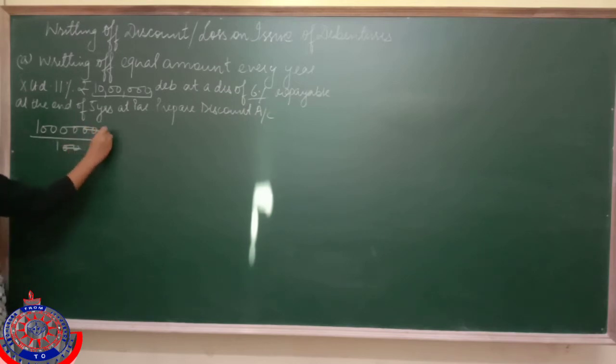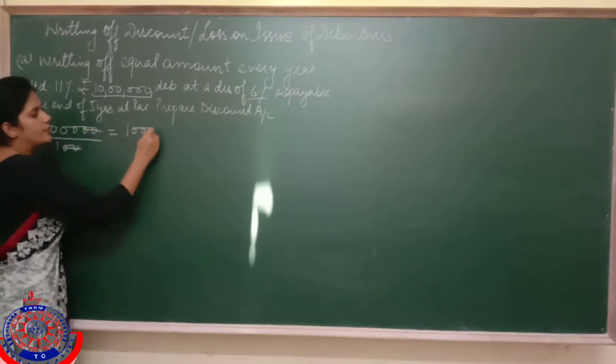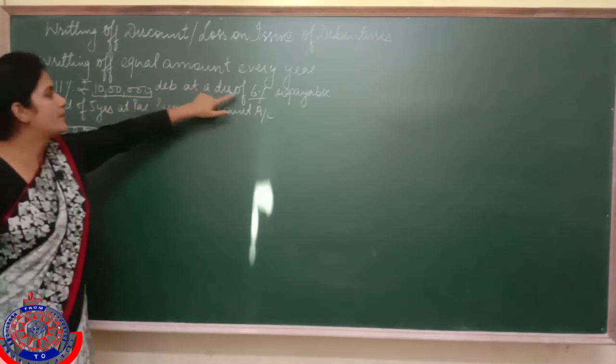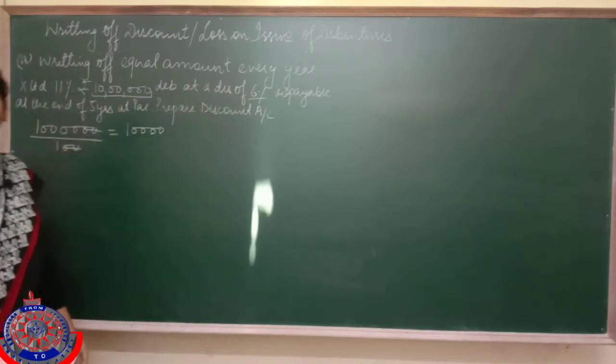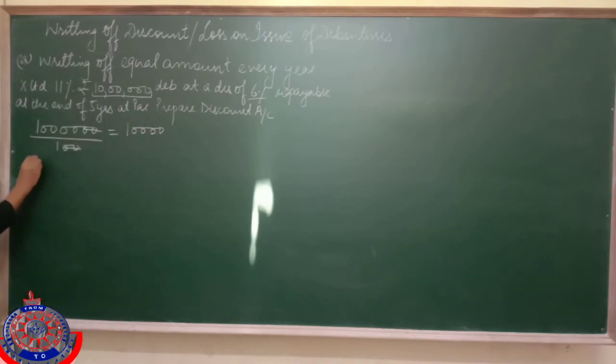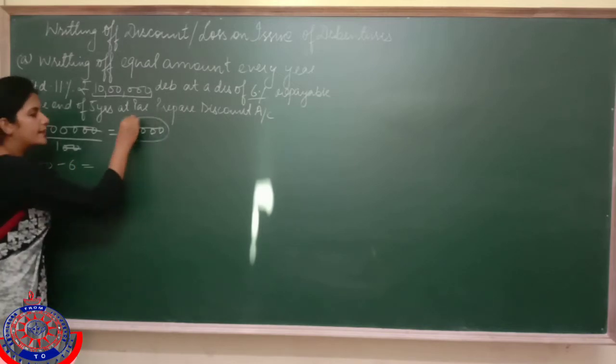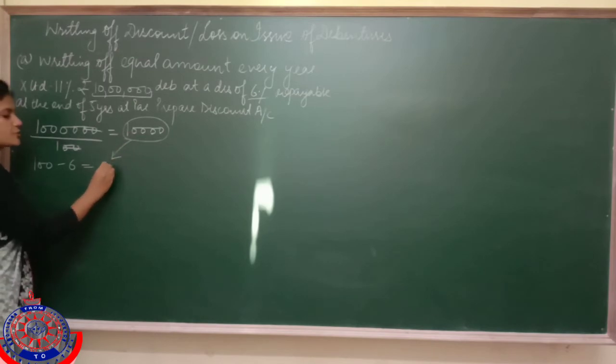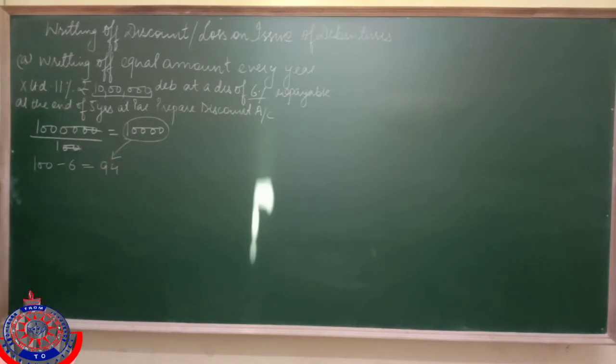In total I have issued 10,000 debentures. Got it? Now these 10,000 debentures have been issued at 6% discount. If the value of one debenture is 100, 6% discount means rupees 6. It means these 10,000 debentures were issued to the public at rupees 94.